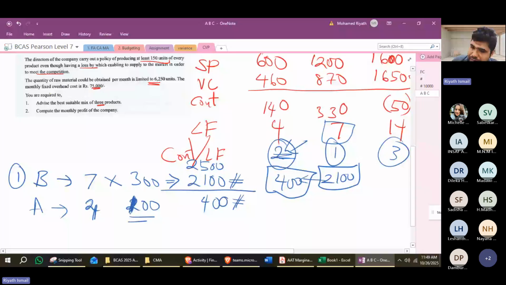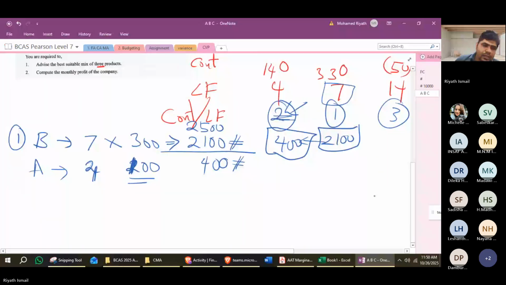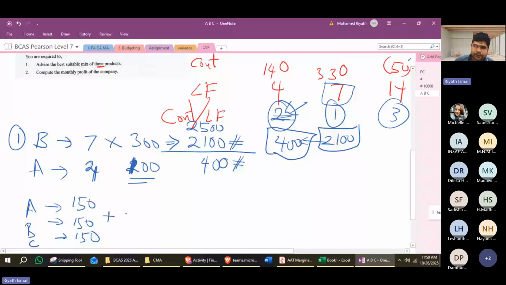So what is the product mix here? A, B, C. We already produced 150, 150, 150, plus we produced 300 B. So therefore it satisfies all demand 450. And A, we produce 100.